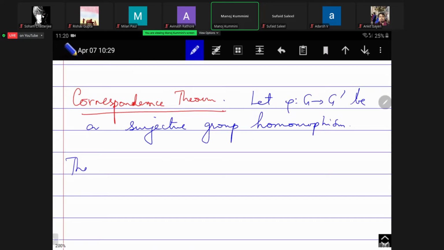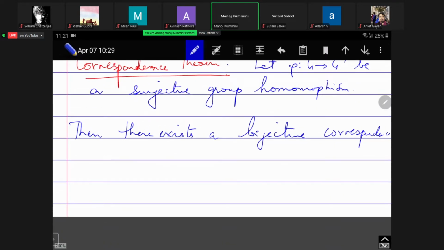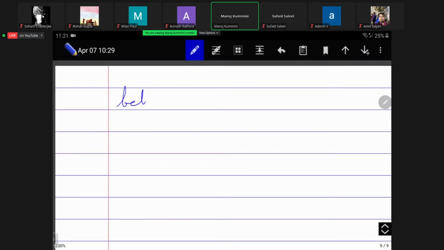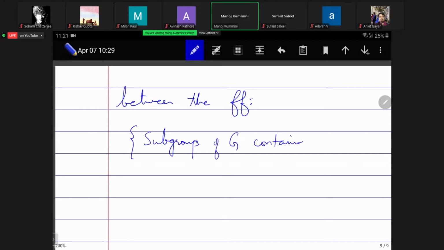Then there exists a bijective correspondence between the following two sets. Right now we're just considering two sets and saying that there is a bijection between them. The first is the subgroups of G containing the kernel of phi.